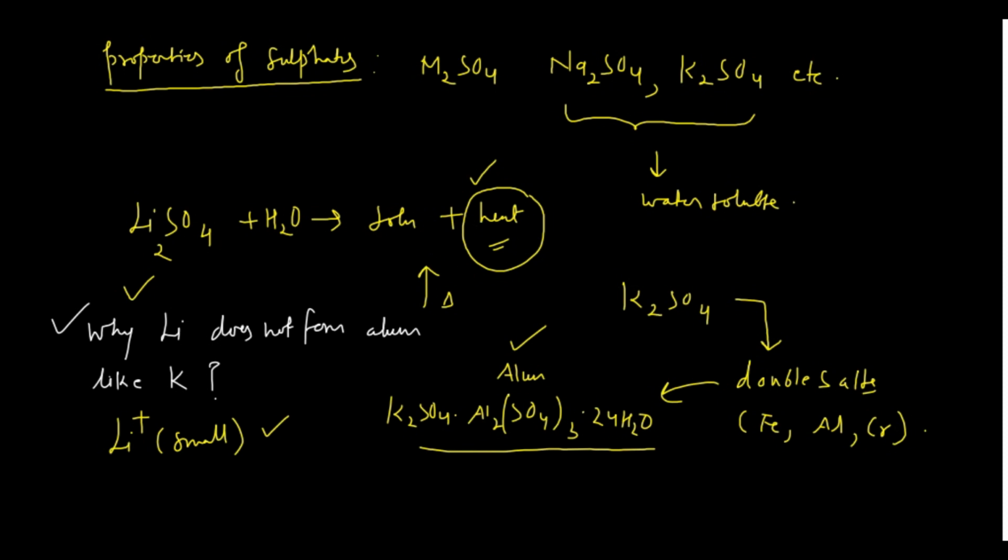While potassium is larger in size, so it can stabilize this particular crystal lattice, but lithium, due to the small size, cannot stabilize this lattice. That's why the alums of lithium are not known.